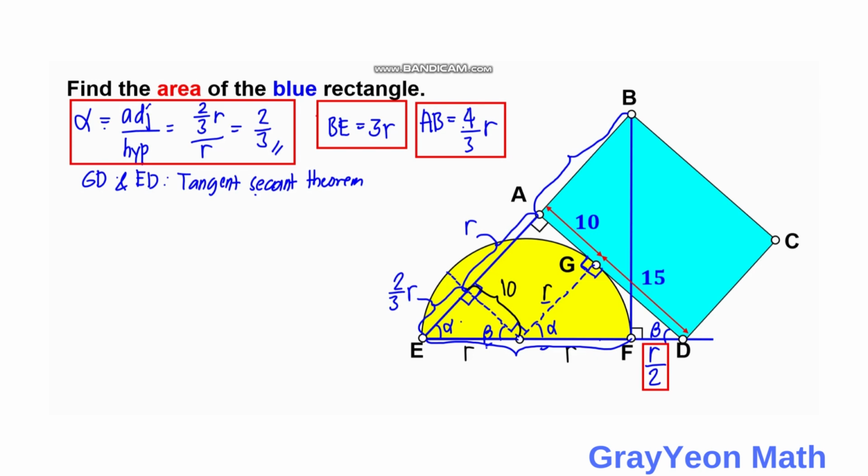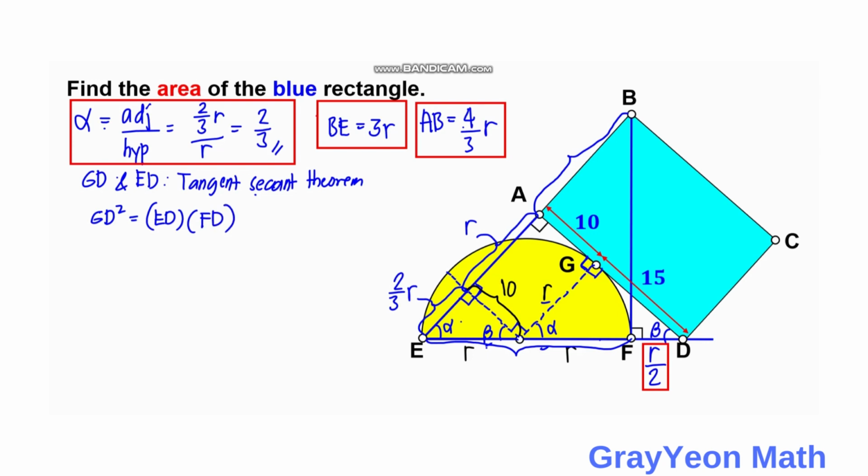For the tangent-secant theorem, we square the tangent segment. So GD square is equal to the product of the whole secant segment ED multiplied by the external secant segment FD.